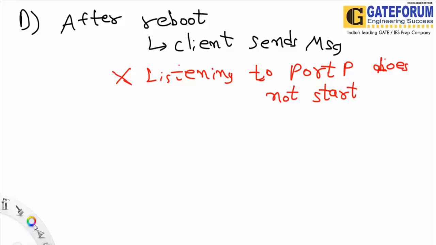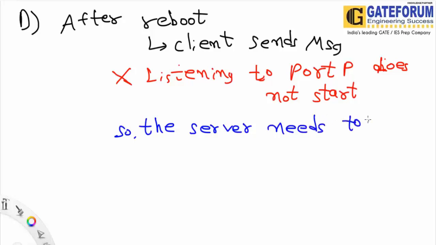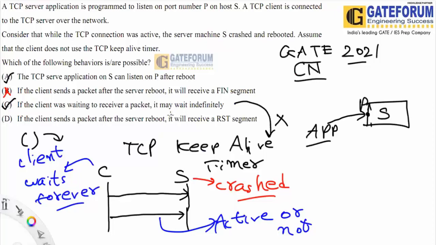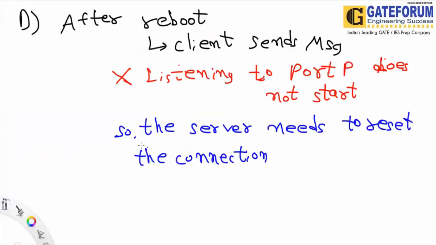So what is to be done in that scenario? The server needs to reset the connection, because the connection was active before the server crashed. But after the server crashed and rebooted, it does not remember this particular connection.